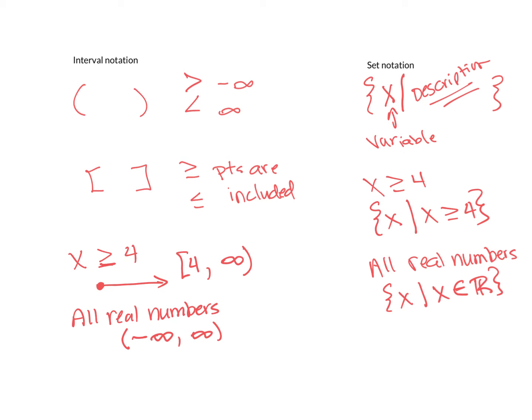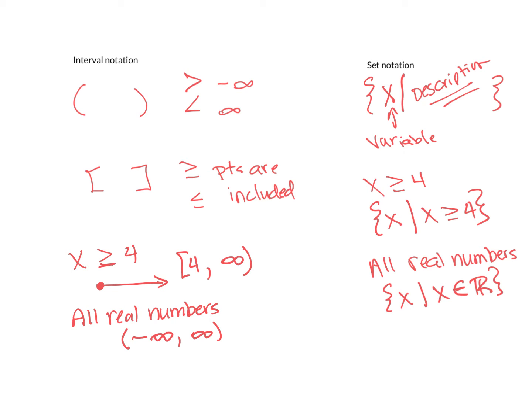We would read this as the set of all x values such that x is real. This one right here, I would say the set x such that x is greater than or equal to 4.